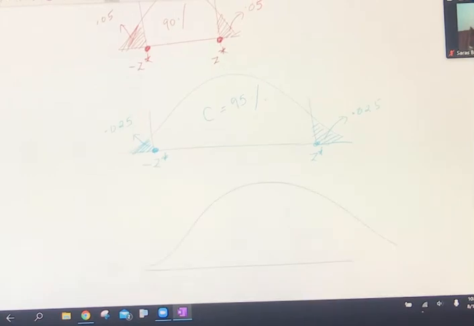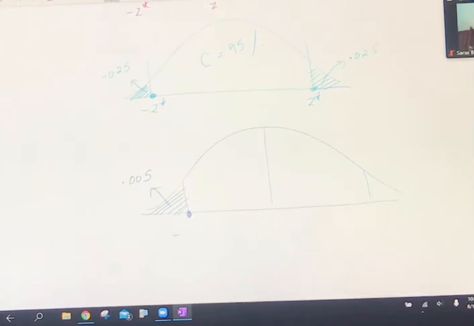So with the middle 99 percentage, you are left with only 1 percentage. So this is going to be given to both ends, 0.005, and that's going to give me the negative Z star, the critical value, and this is going to be another 0.005.